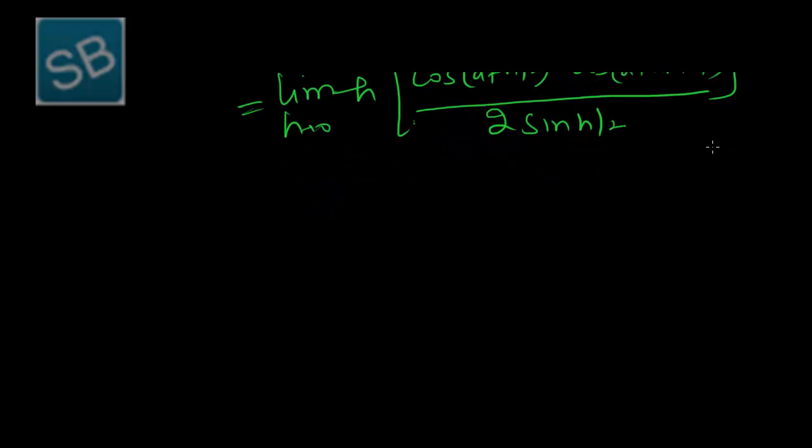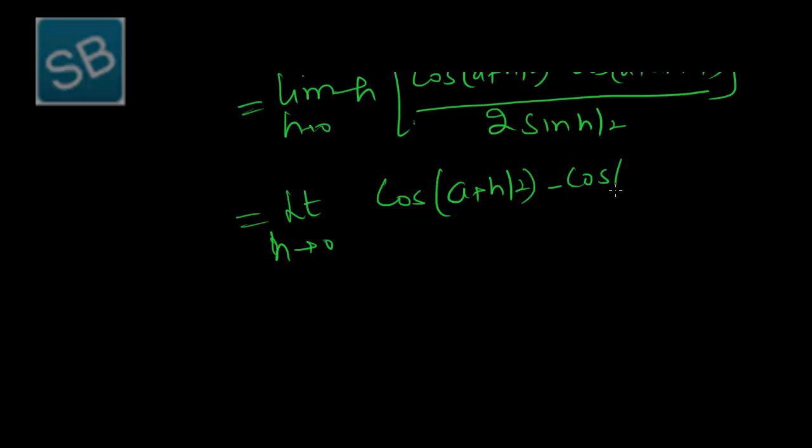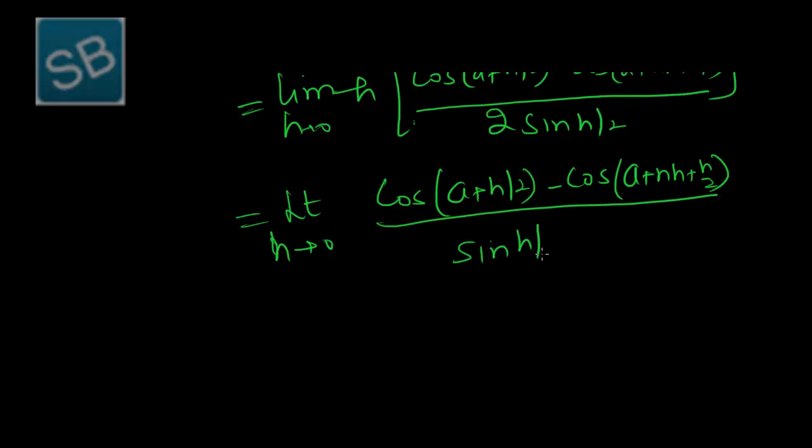As we know that limit h tends to 0, sin h over h is equal to 1, therefore we multiply and divide by h by 2 into 2.